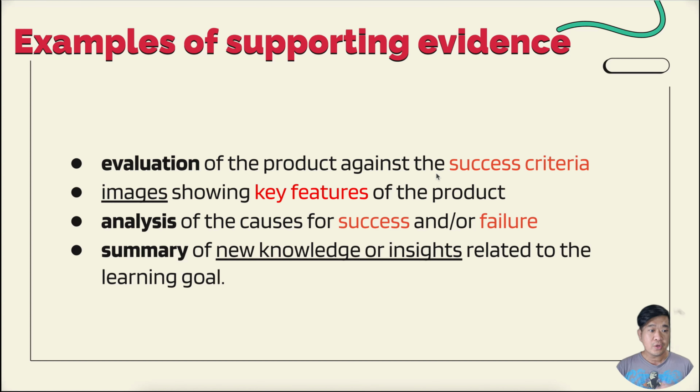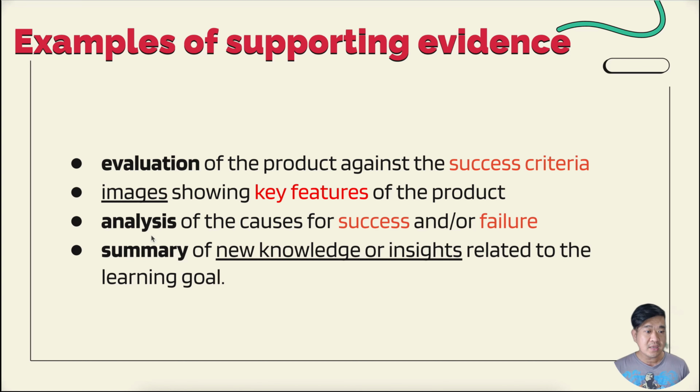Afterwards, you're going to give some key features or pictures of the key features of your product. For example, if you are creating a website, take a photo of the website, and show whether you were able to get all the information for your product.